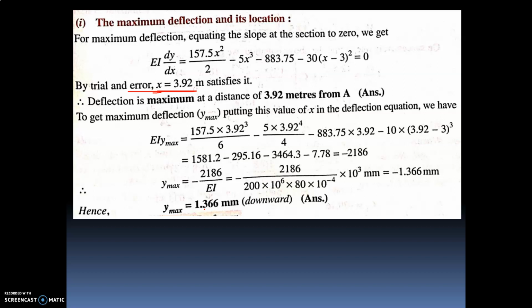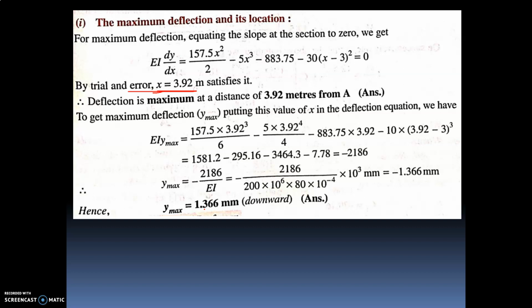Similarly, the next point x is at B. So that whole length you have to consider, and deflection at that time is also 0. Once you substitute these values in the deflection equation, you get C1 and C2 values. Once you get that, you can write the slope equation and deflection equation. Consider it as a standard slope equation and deflection equation. Then find the deflection at particular points wherever it is asked.